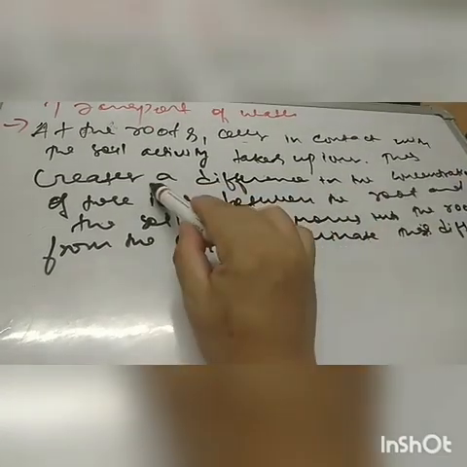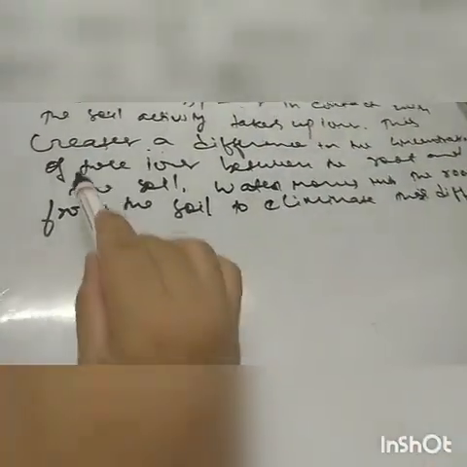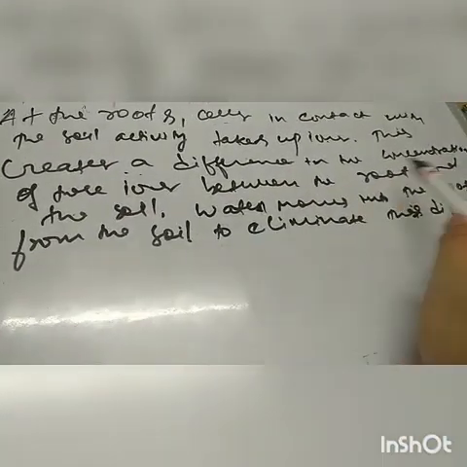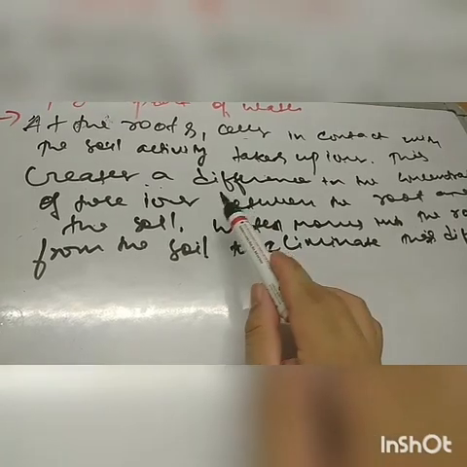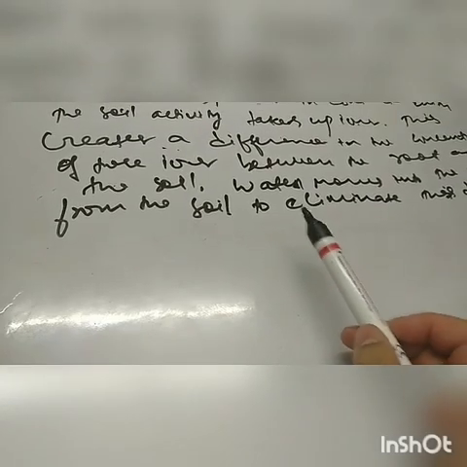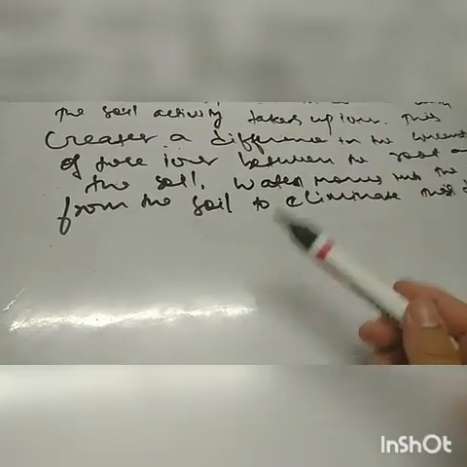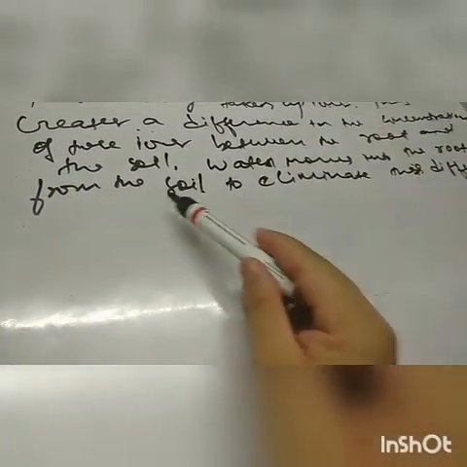So this creates a difference in the concentration of the ions between the root and the soil, right? Difference in the concentration of these ions means in the root cells there will be more ions, and in the soil there will be less ions because they are already being sucked up by the root cells. So because of this, there is a difference in the concentration.